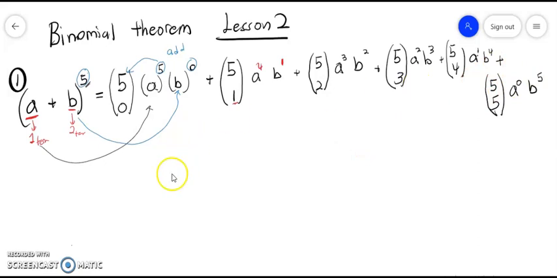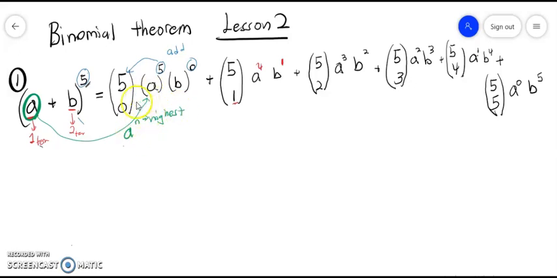If you notice one thing over here, the first term A will start with the highest number. The power here will be highest.